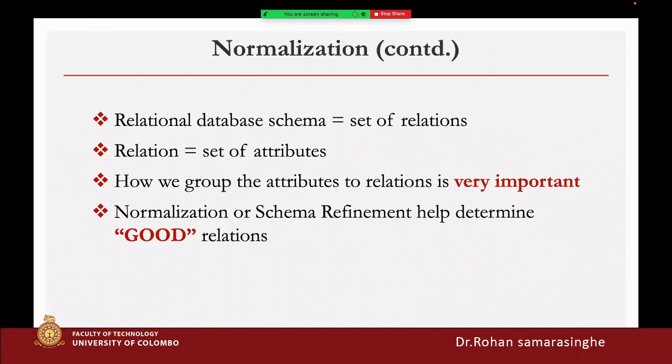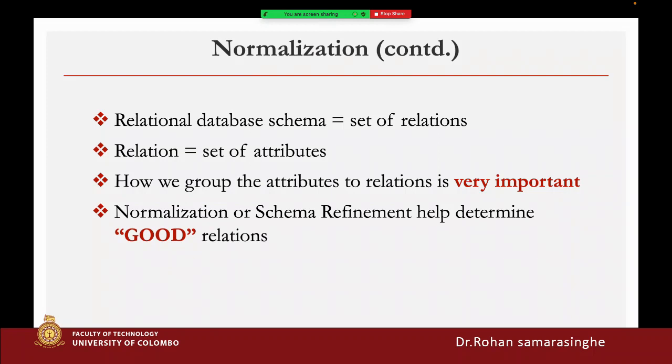You know that a relation is a set of attributes. How we group the attributes of the relation is very important. So if a certain attribute depends on another, please revise the relation of the patient.